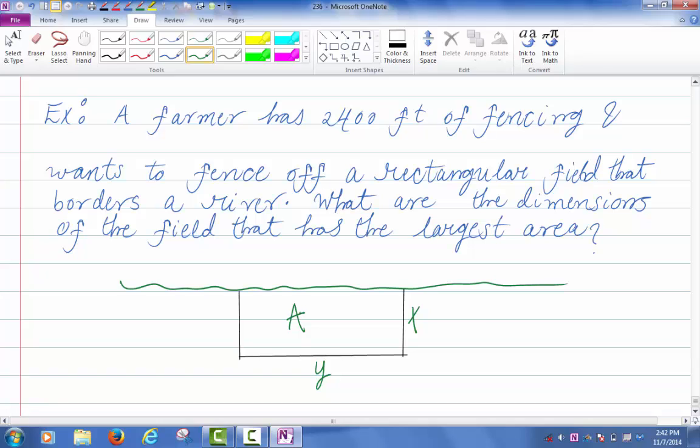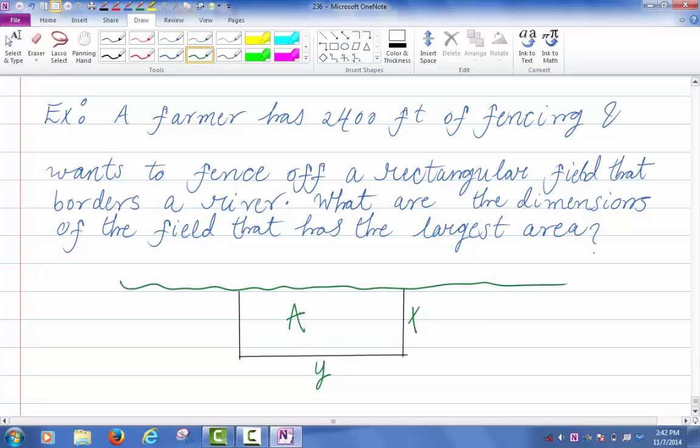So what are we trying to do? Maximize the area. Okay. Now, he has only 2,400 feet of fencing available, and so let's say he's allowed to make his field any way he wants to. It has to be a rectangular field, but he can use as much of the land as he wants to.